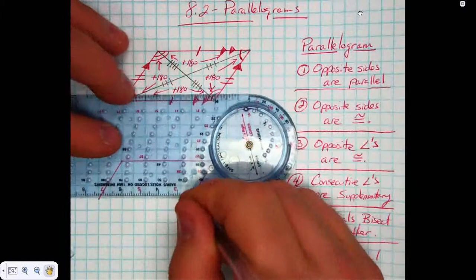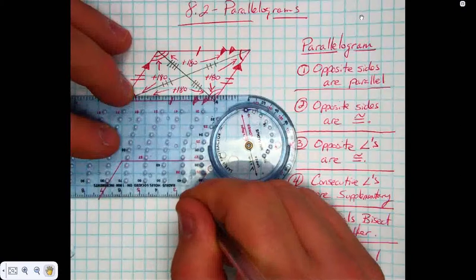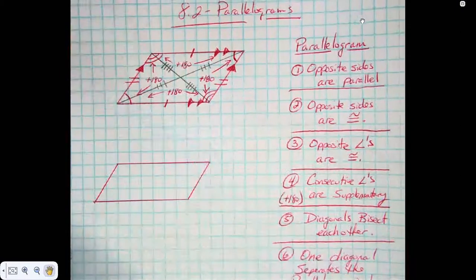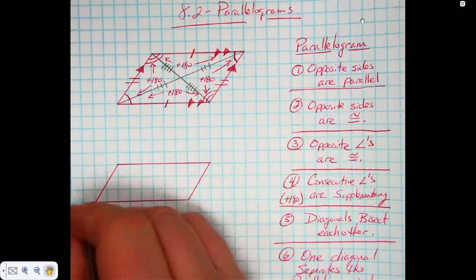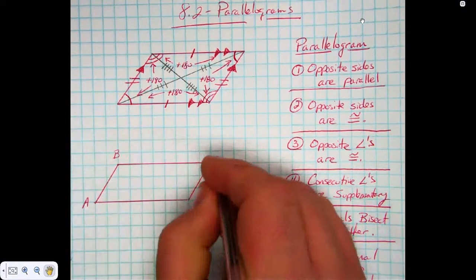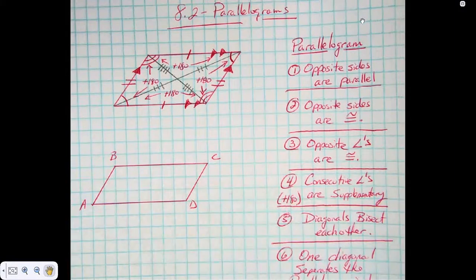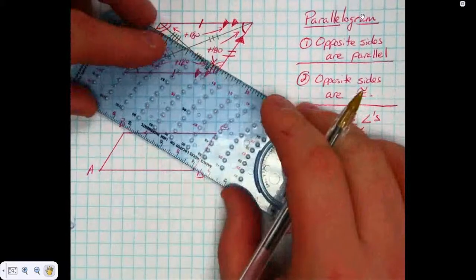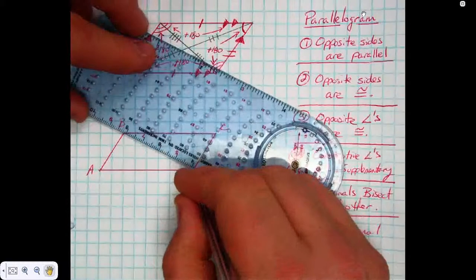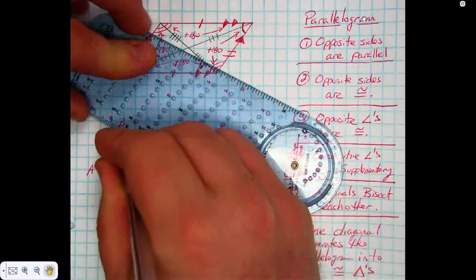Just because, I drew 2 diagonals last time, didn't I? What am I saying here? If I draw one diagonal, so I'm just going to, how about we draw from B to D? What happens?